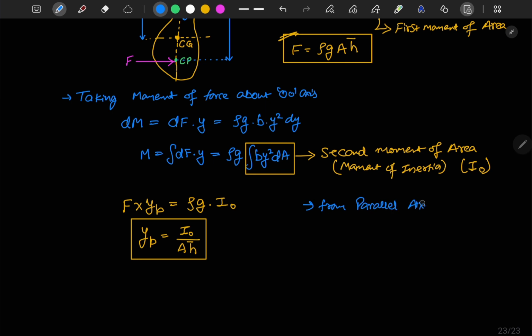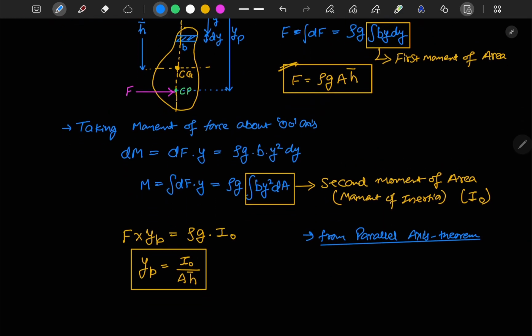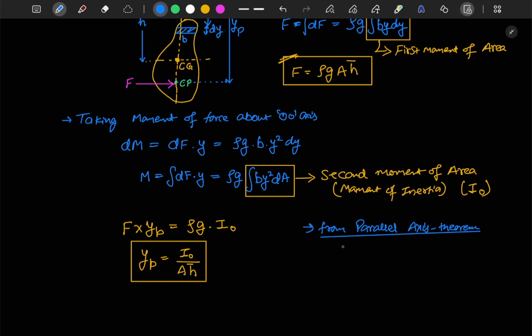The moment of inertia about any axis is equal to the moment of inertia about the centroid, that is Ig, plus area times the square of the distance between the axes.